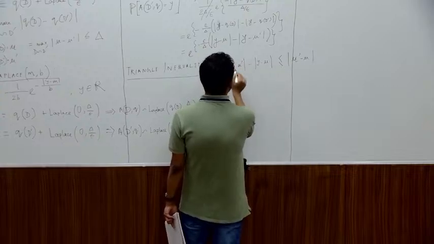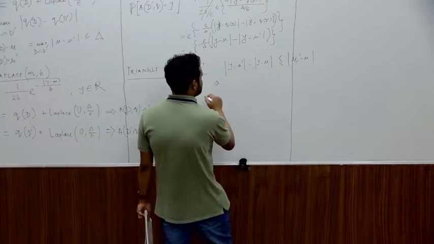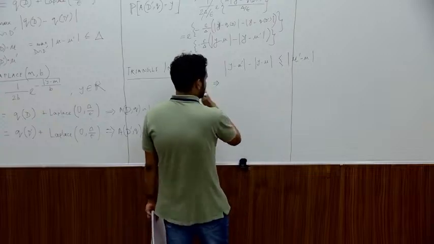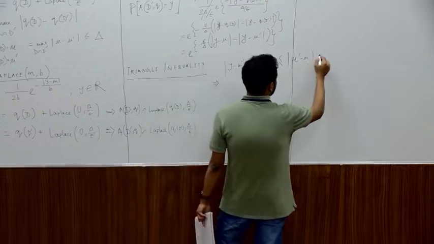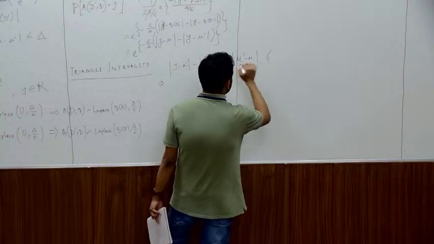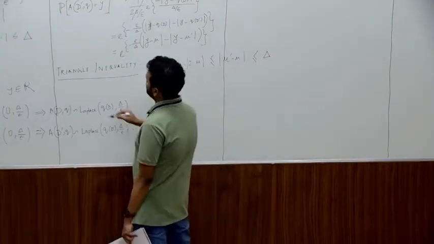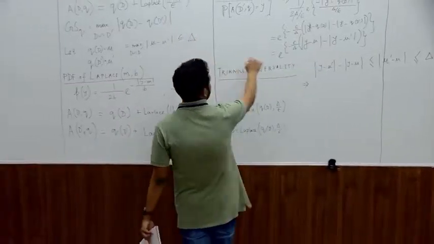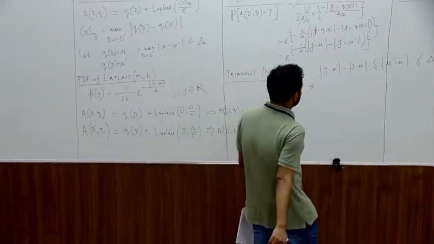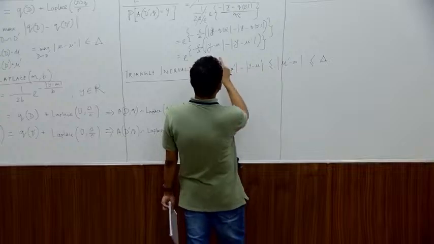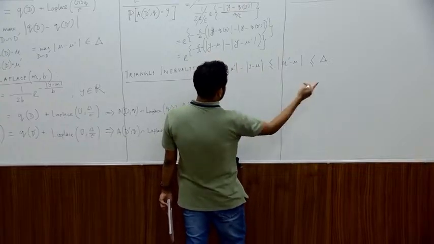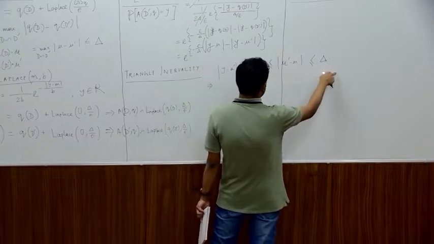Yes. So now what we'll do? We'll do the opposite thing. Let's put it back. So now we will bound this thing, mu dash minus mu, by delta from here, right? Mu minus mu dash is bounded by delta. We'll interchange the sides.